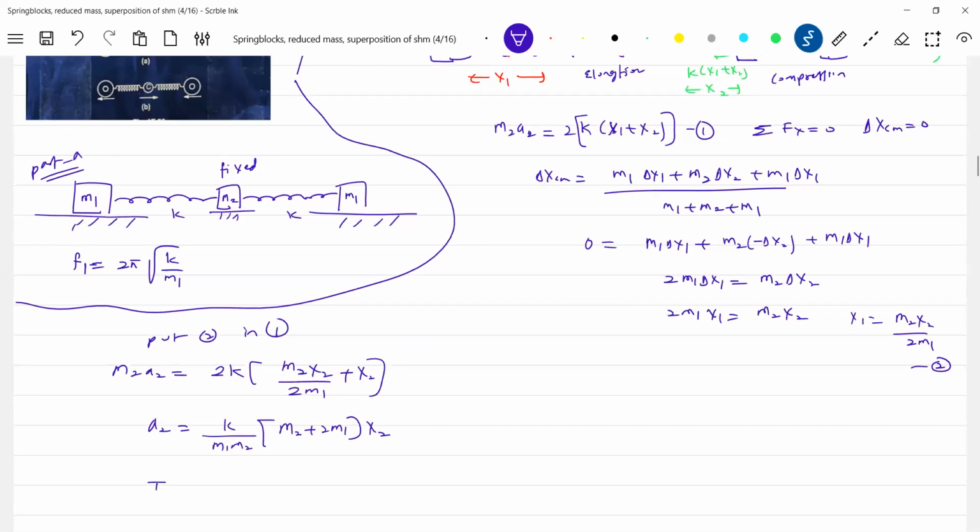So what is the time period of oscillation? Directly, let me write the frequency. f equals 1 by 2 pi root K by the reduced mass.